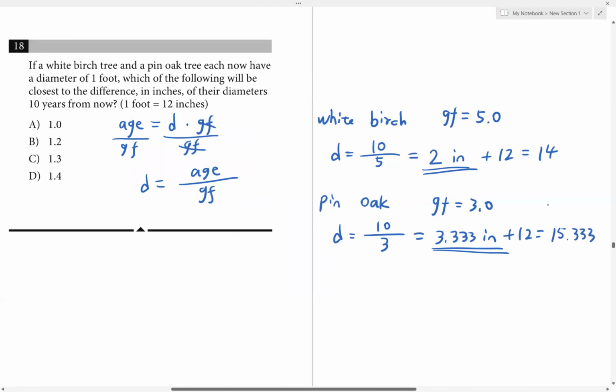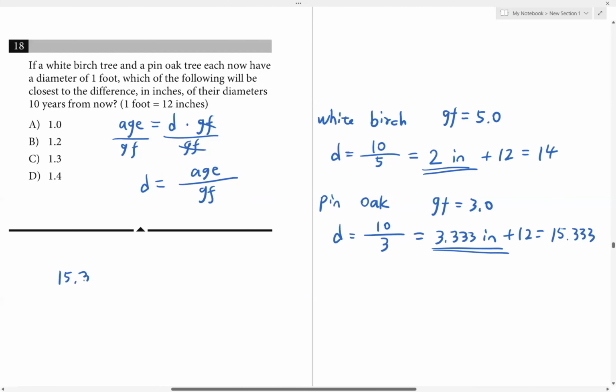To find the difference, we can just subtract the two, 3.33 minus 2. That will be the same answer because they started with the same diameter, so the plus 12 doesn't matter since it's the same number. But let's go and add 12 for each one, and then subtract to find the difference.